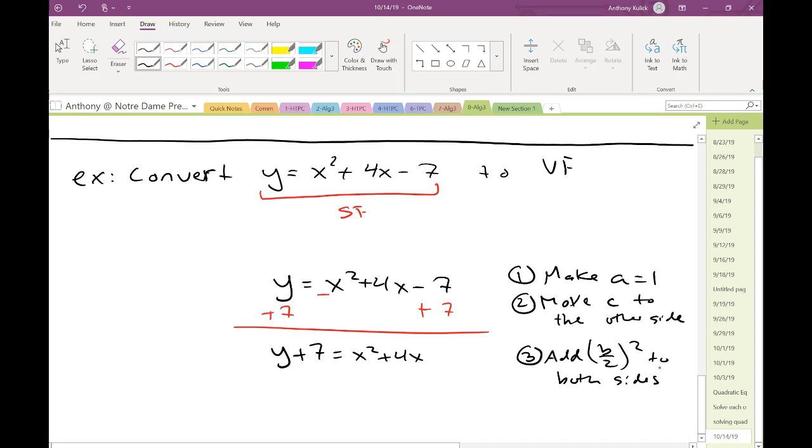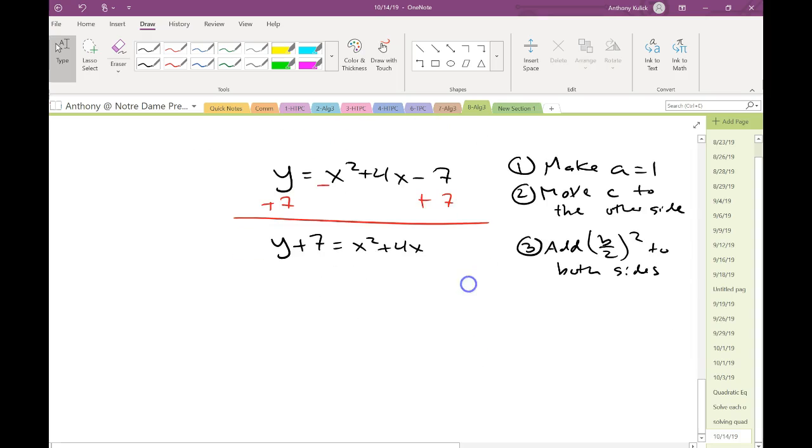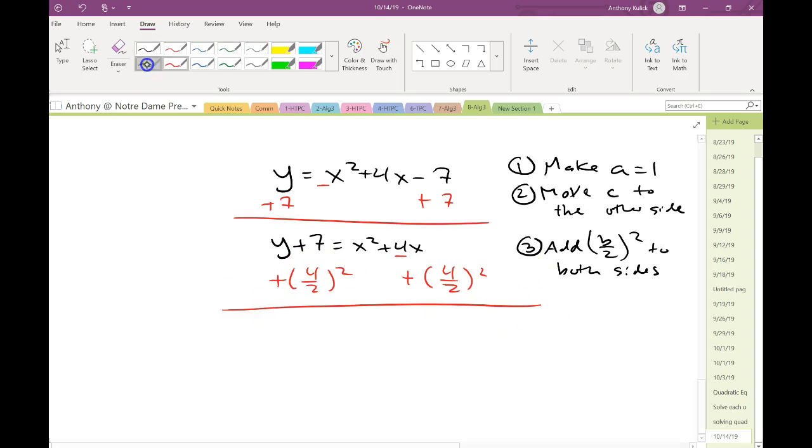The next step is to add b over 2 squared to both sides. What's my value for b here? It's 4. So on the left-hand side, I'm going to go ahead and simplify that b over 2 squared. So b over 2 is 4, and 4 squared is 16.